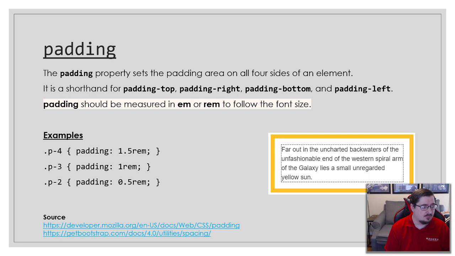But it can be EM or rem depending on whether you want to go with the current font size or the more absolute rem. I would recommend rem for both the margin and the padding most of the time, but either one is acceptable.